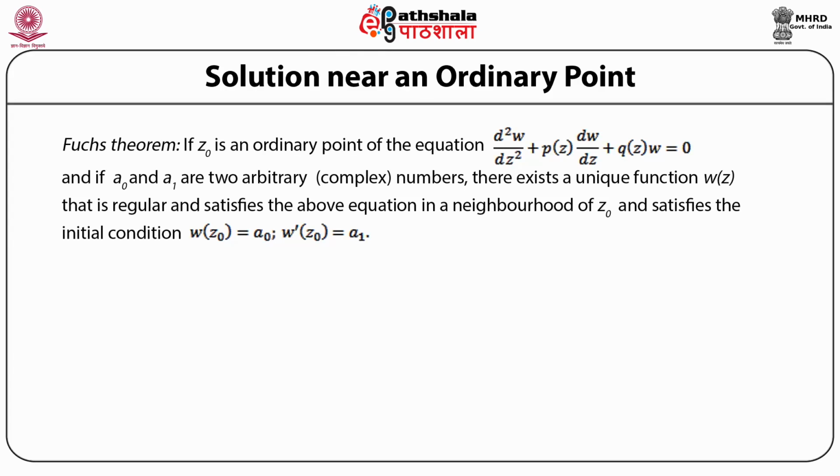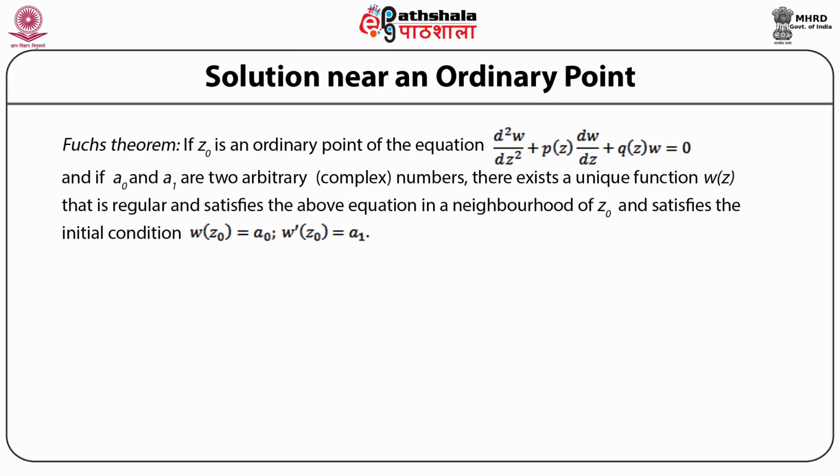If z0 is an ordinary point of the differential equation d2w/dz2 + p(z) dw/dz + q(z) w = 0, and if a0 and a1 are two arbitrary complex numbers, then there exists a unique function w(z) that is regular and satisfies the differential equation in a neighborhood of z0.